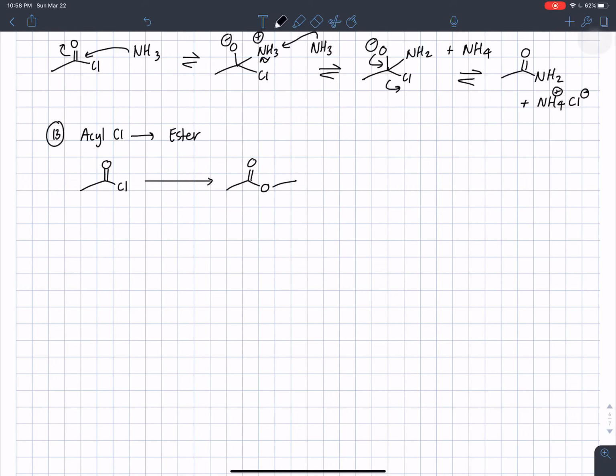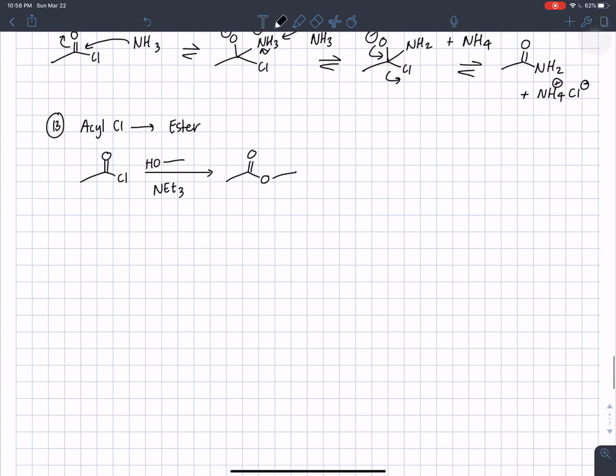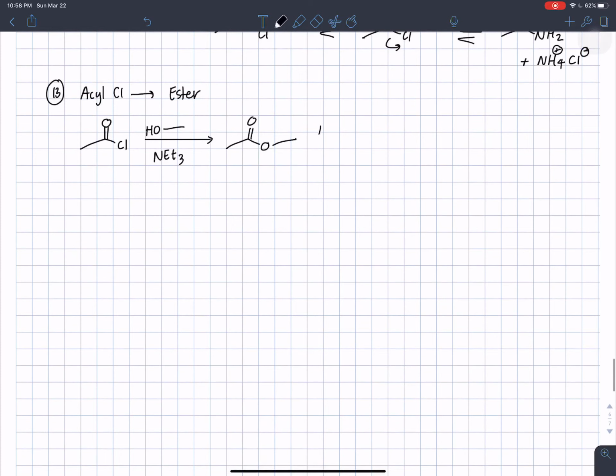If you want to do that, all you need to do is put it through the ester alcohol that you want, and you need NEt3, so a base. And that turns it into that. Here you also form a salt with NEt3. You form this salt plus Cl minus.